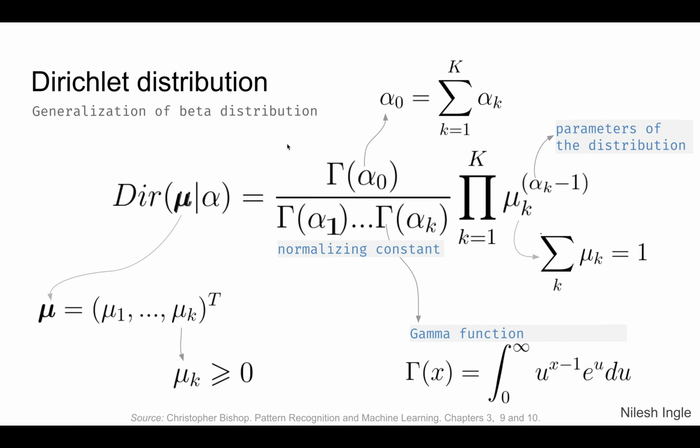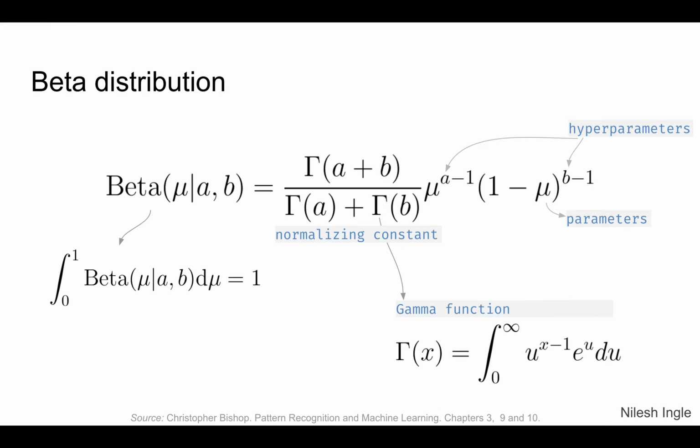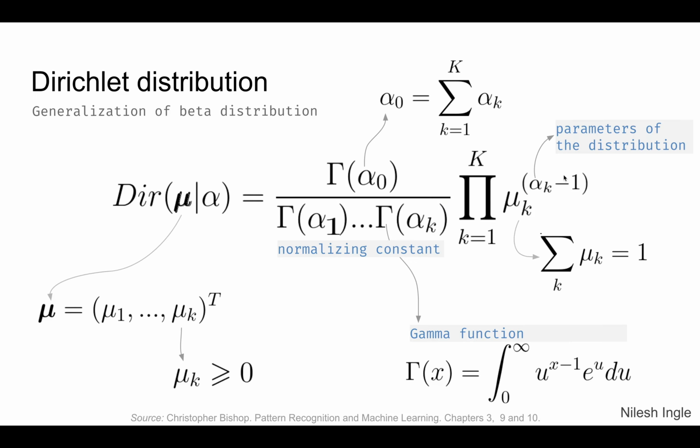And then we have the notation for the Dirichlet distribution, which is a generalization of the beta distribution. So the beta distribution, like we see here, has two parameters A and B, two hyperparameters. In the Dirichlet distribution, we can have any number of hyperparameters, which is shown here by alpha k.